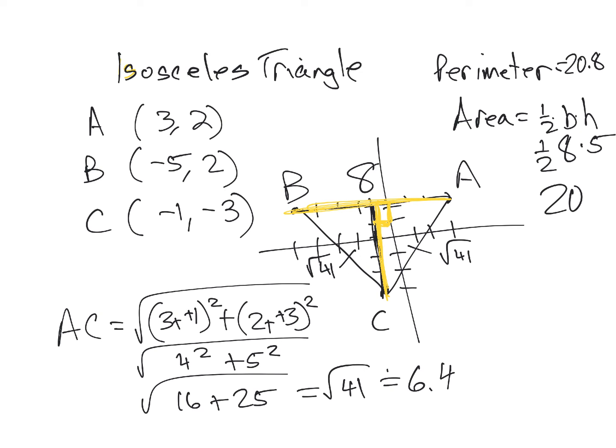But that was on purpose, that your base was horizontal so you could count your altitude. And then you got the 5. By counting. Yep. No, I didn't add it. You multiplied. 8 times 5 and then divide by 2. So the 1/2, so the height is okay. Okay, now we get it. I see the area. All right.